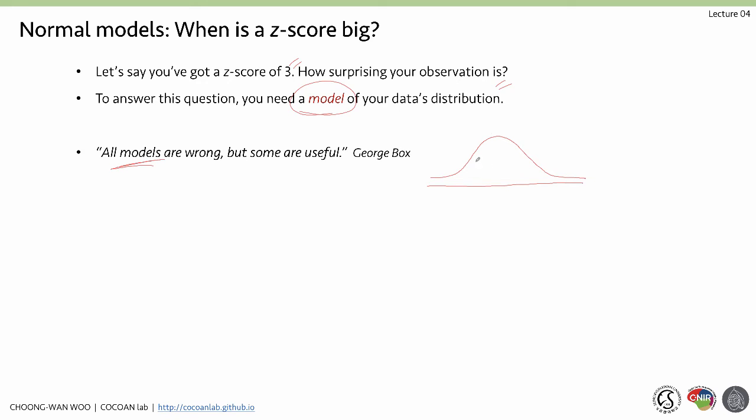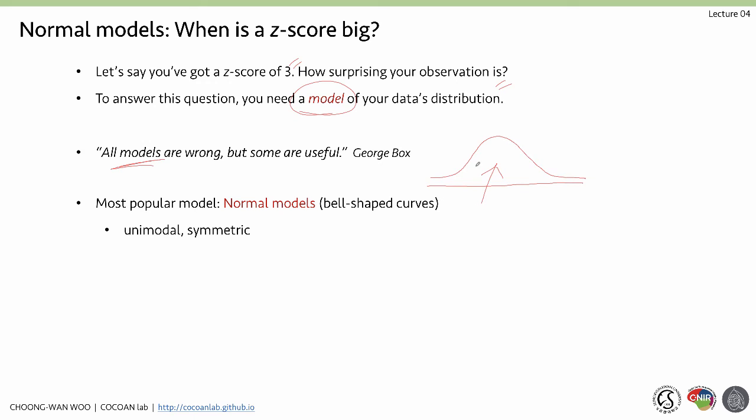So the data cannot really have this shape, but the model provides some anchors for us to judge my data. The most popular model around the world, across research areas, is the normal model. This bell-shaped curve, you might have learned from high school. It is unimodal and symmetric. We usually use this notation to describe the normal model.